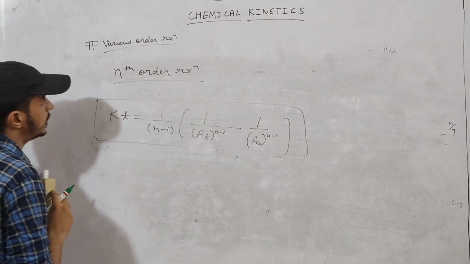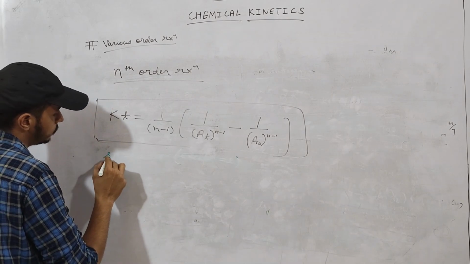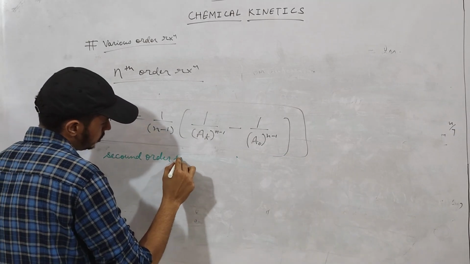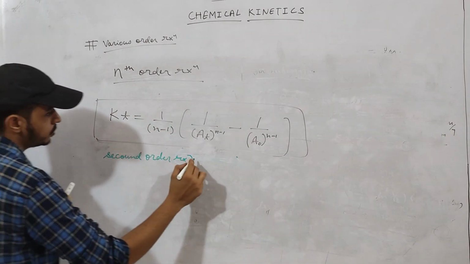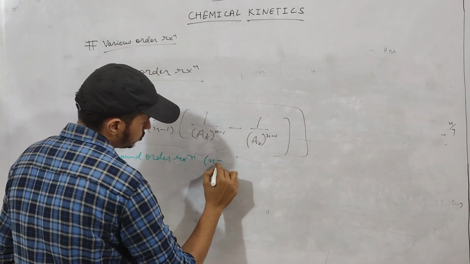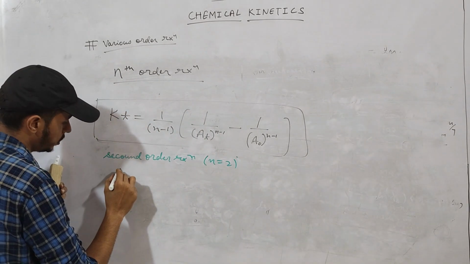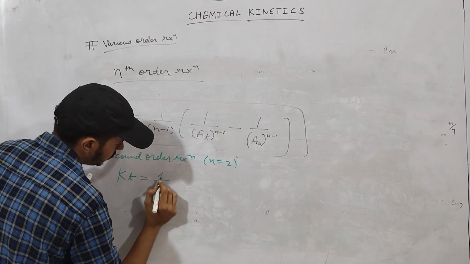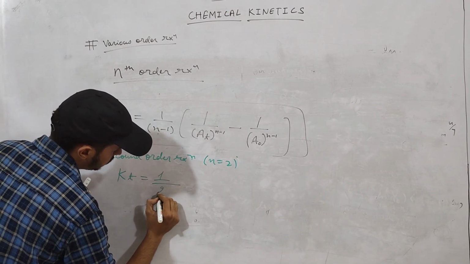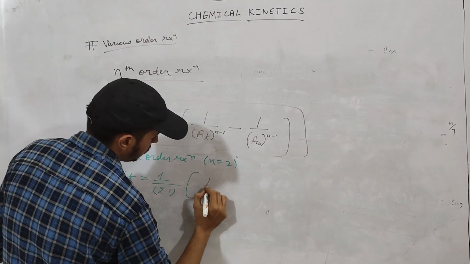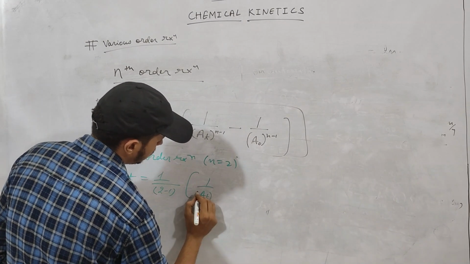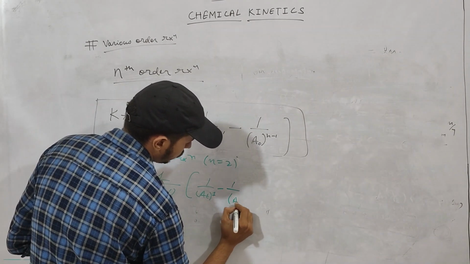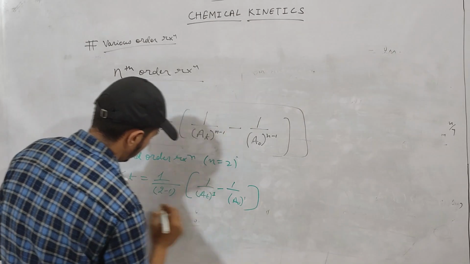Let's calculate for a second order reaction. We put the value of n equal to 2 in this formula. So kt is equal to 1 upon 2 minus 1 into 1 upon a to the power 2 minus 1 minus 1 upon a naught to the power 2 minus 1, which becomes 1.